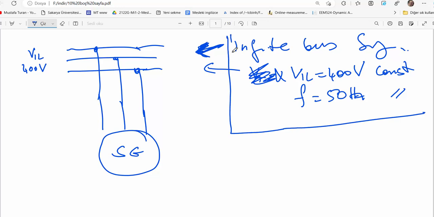Infinite bus, or grid, means the voltage and frequency cannot be changed by a single generator or load. We have a generator connected to an infinite bus, that's it. Here we have 400 volts between phases.